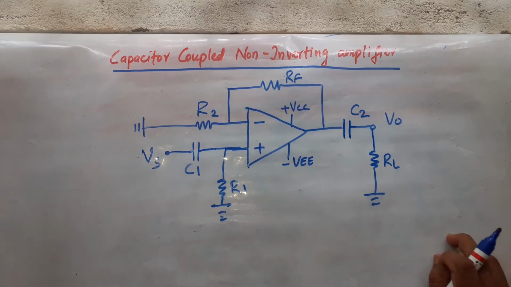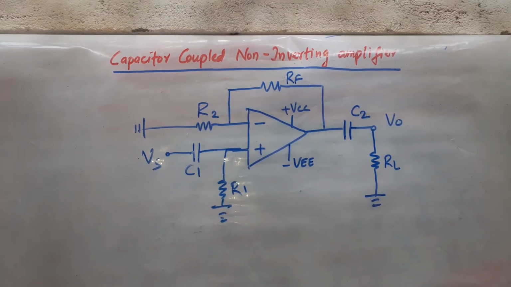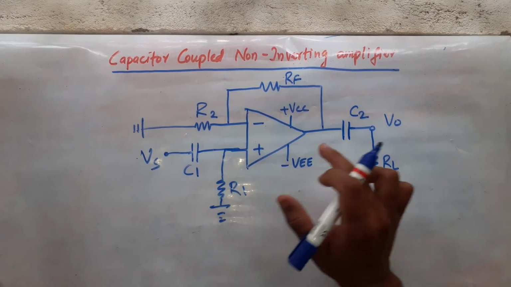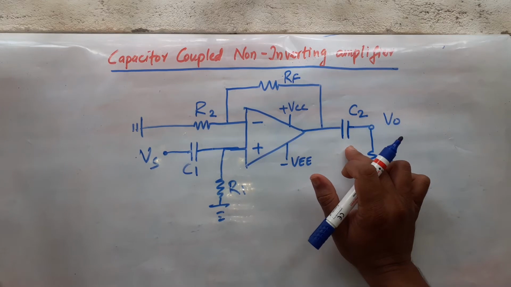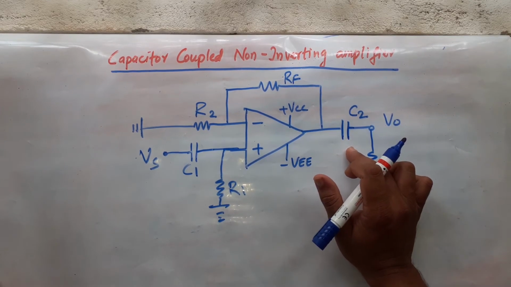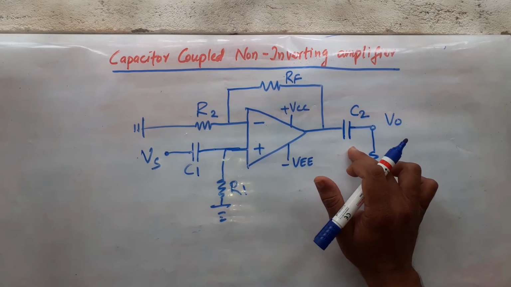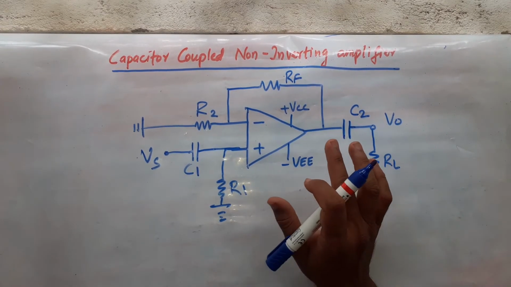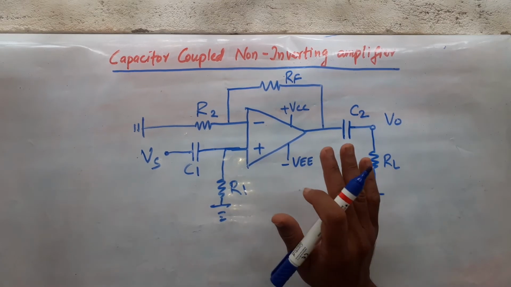Now the question is why C1 and C2 are added. Students, listen carefully. C1 and C2 are added to block unwanted DC voltages. Why is it unwanted? Because we are using this circuit as an AC amplifier. In AC amplifier only AC signal is to be amplified.